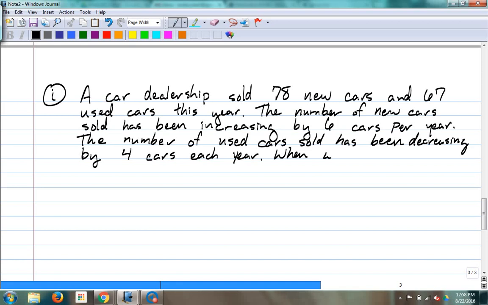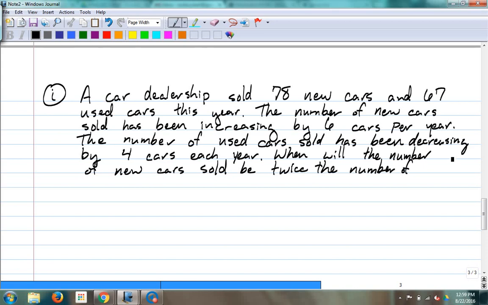When will the number of new cars sold be twice the number of used cars sold?